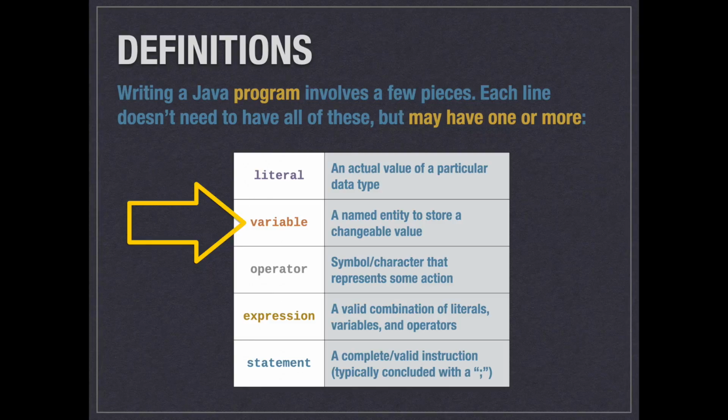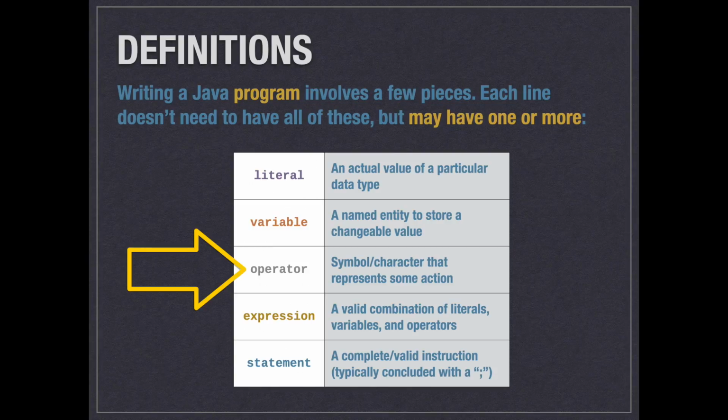A variable is a named entity to store a changeable value. So when we created the variable age to store someone's integer age, that we could then use later to test to see, for instance, is this customer old enough to do something or young enough to do something, or whatever you're using age to drive. An operator is a symbol or character that represents some action.